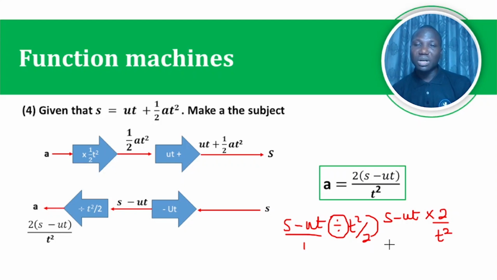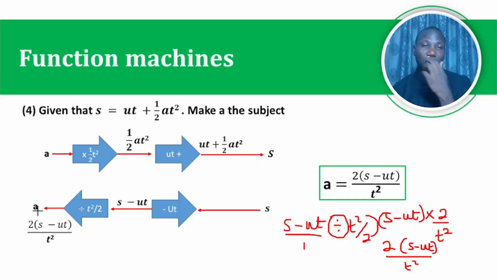So we are going to have eventually 2 multiply all of this. So we have 2 into bracket s minus ut over t squared. So our a, as our new subject, will be equal to 2 into bracket s minus ut over t squared.